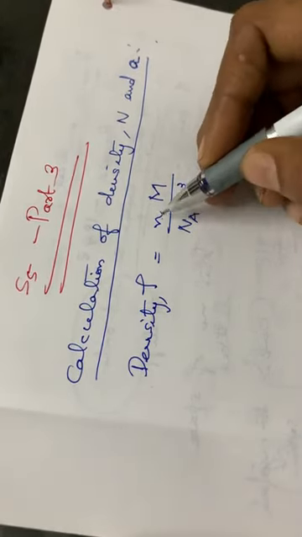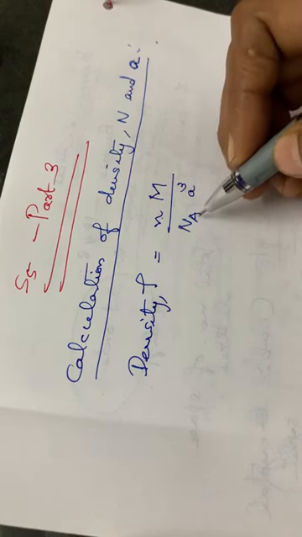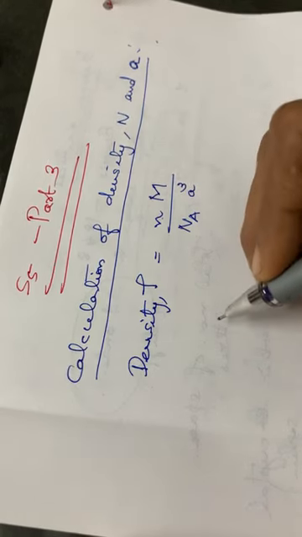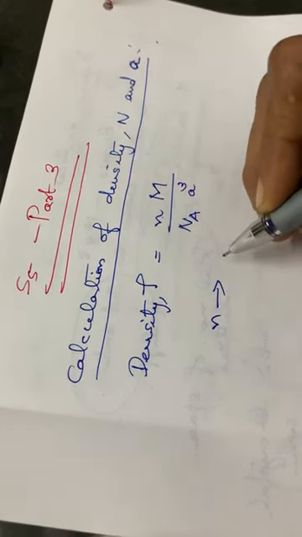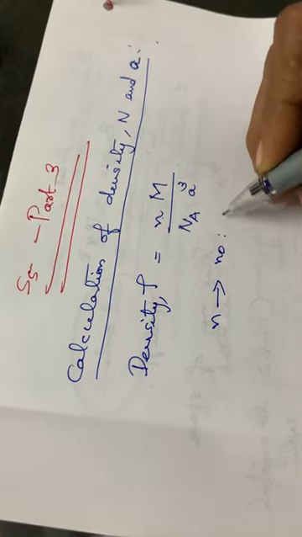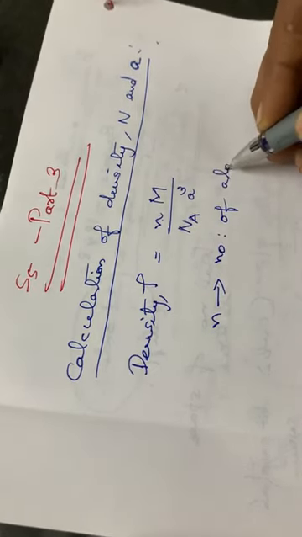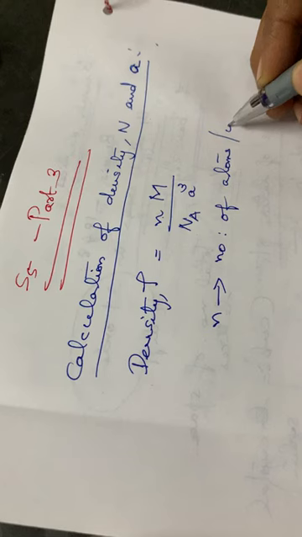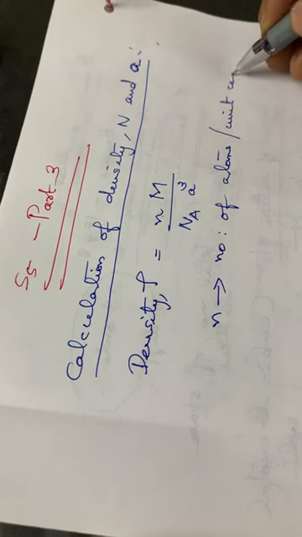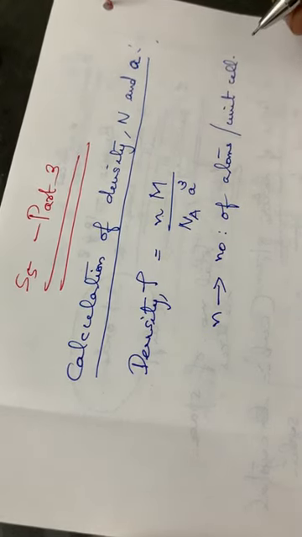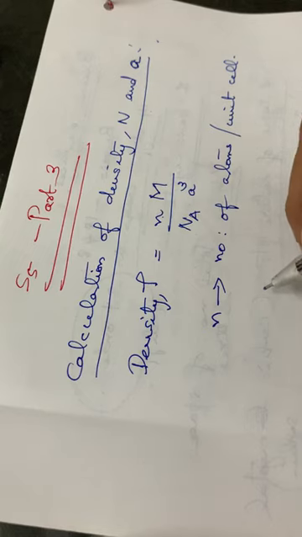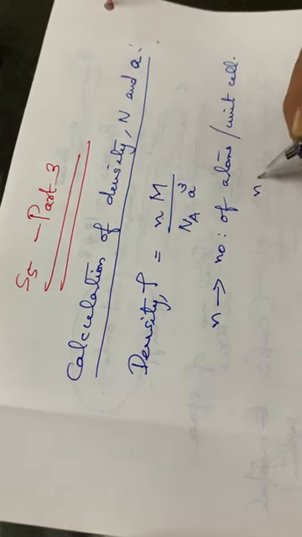Density is n into capital M divided by NA into a cube, where small letter n denotes the number of atoms per unit cell. We have seen the number of atoms per unit cell in the case of a simple primitive lattice. In a simple cubic lattice, n is equal to 1.